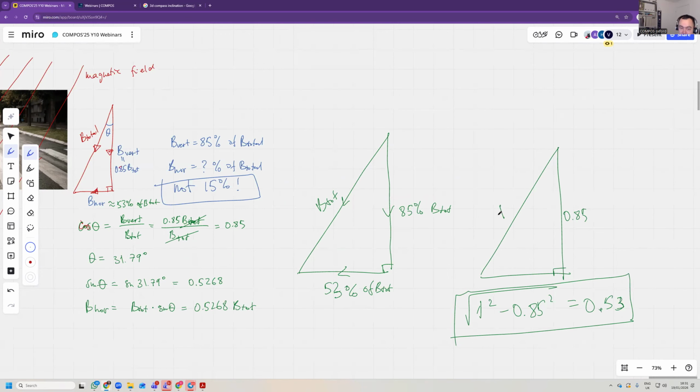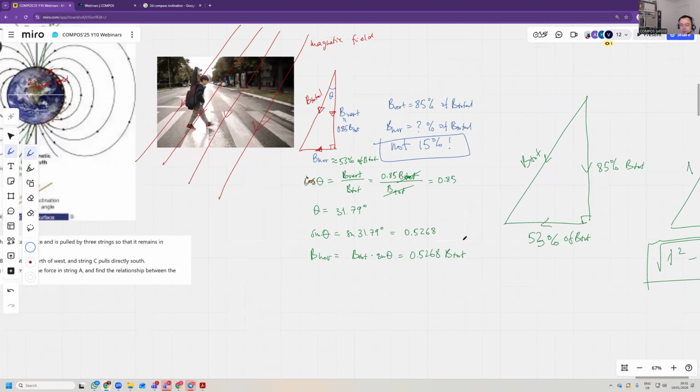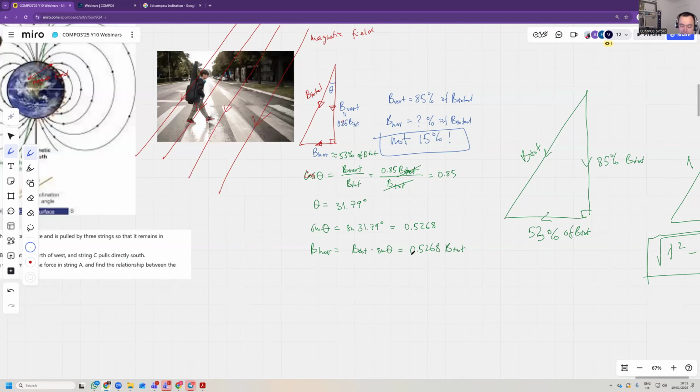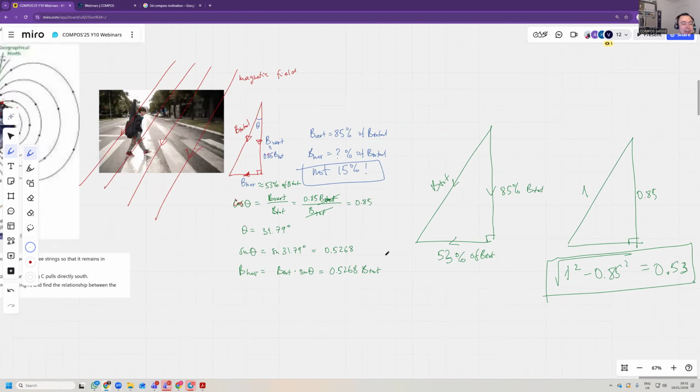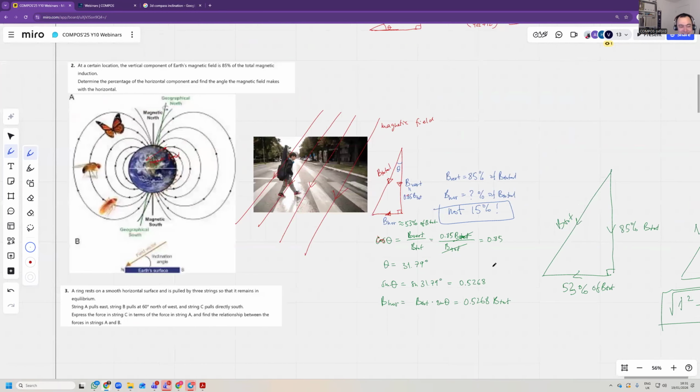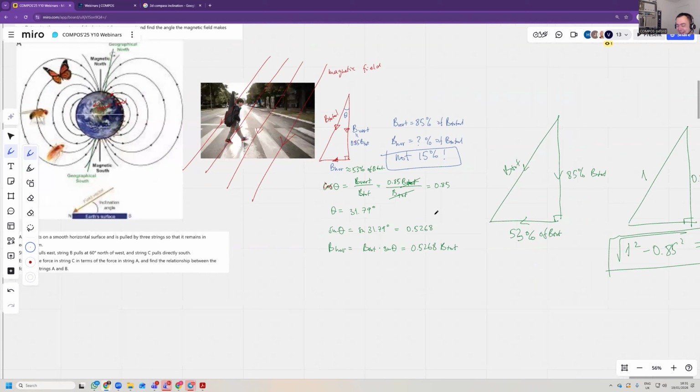You can use any method you like, as long as you understand and can explain it. So yeah, quite fascinating. With vectors, horizontal and vertical don't add up to 100%, if that makes sense. But they do if you square them.